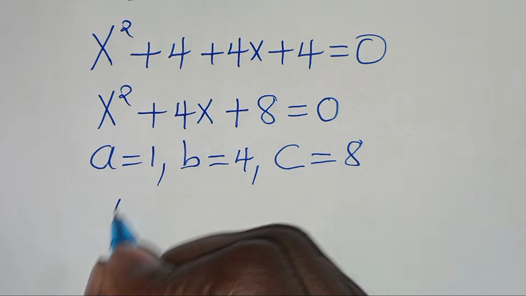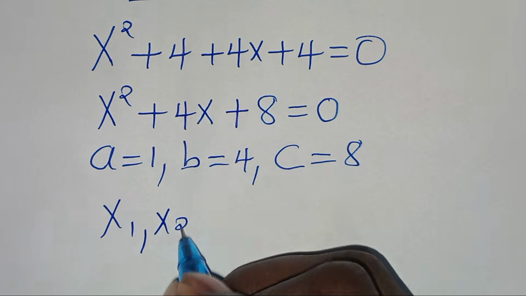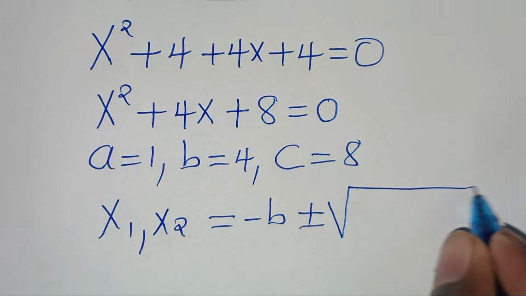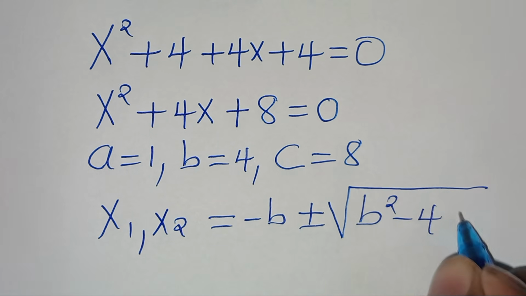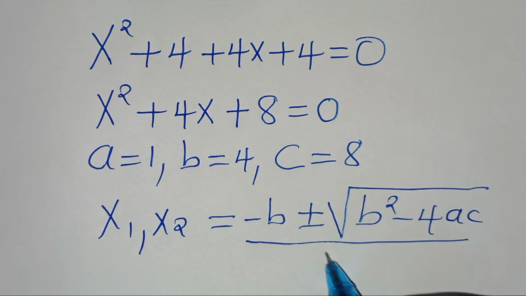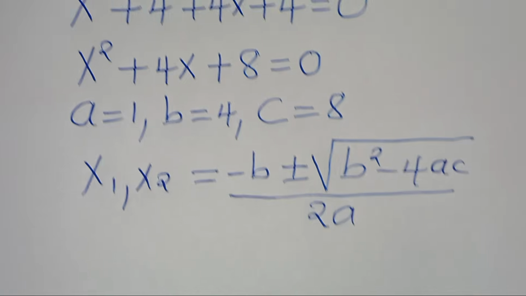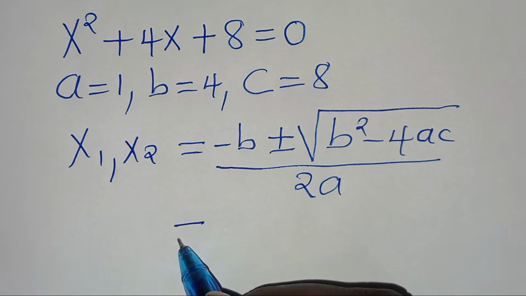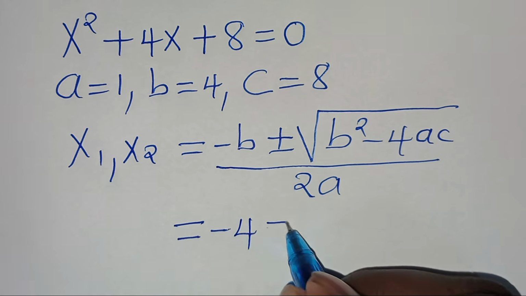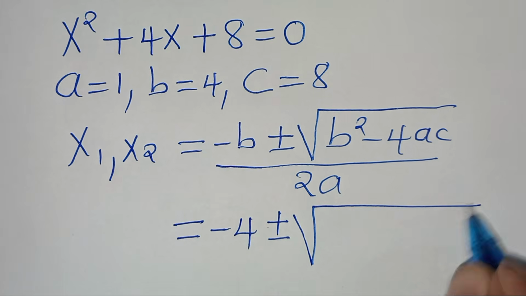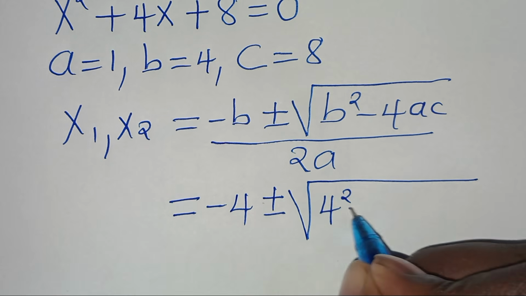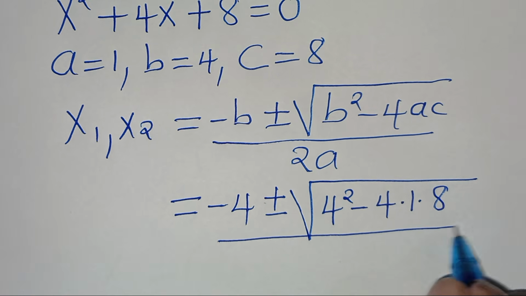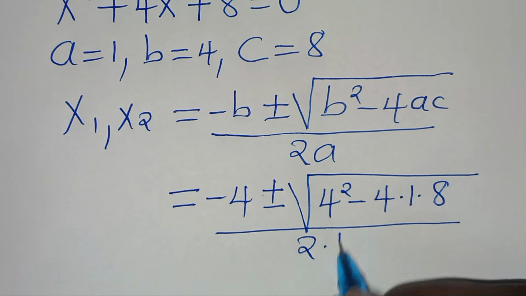So we can solve for x1, x2 by applying the quadratic formula, which is -b plus or minus the square root of b^2 - 4ac, everything divided by 2a. Now, let's substitute the values of a, b, and c into this formula, so that we have -4 plus or minus the square root of 4^2 - 4 times 1 times 8, everything divided by 2 times 1.